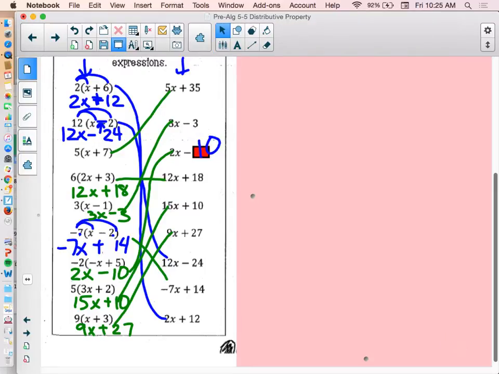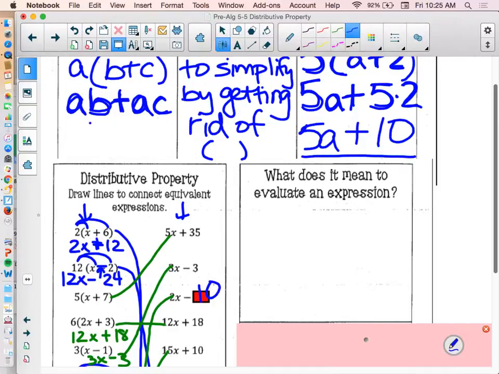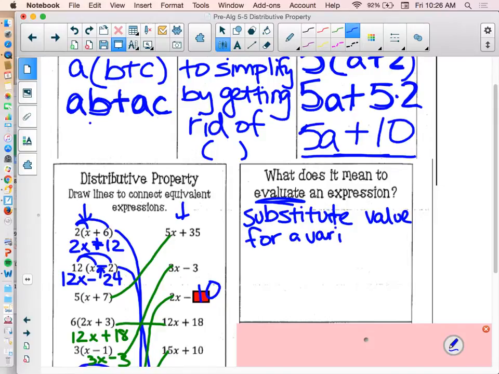Okay, next, I just want to remind you over here, what does it mean to evaluate an expression? Because remember, this expression right here, we do not get a single number answer for it. This is our answer. But when we evaluate an expression, that means that you're actually going to be substituting a value for a variable and simplifying the expression.